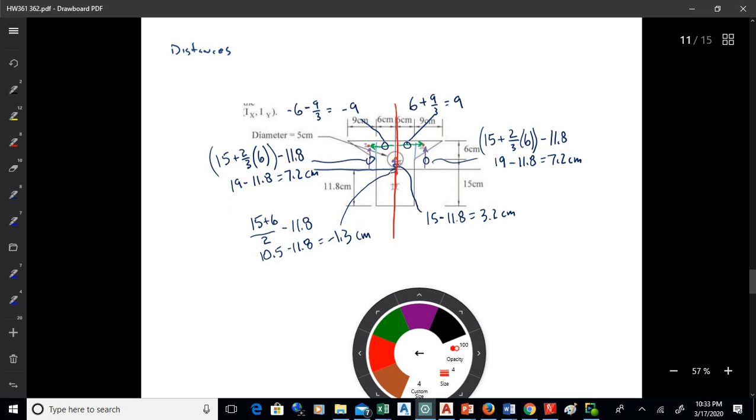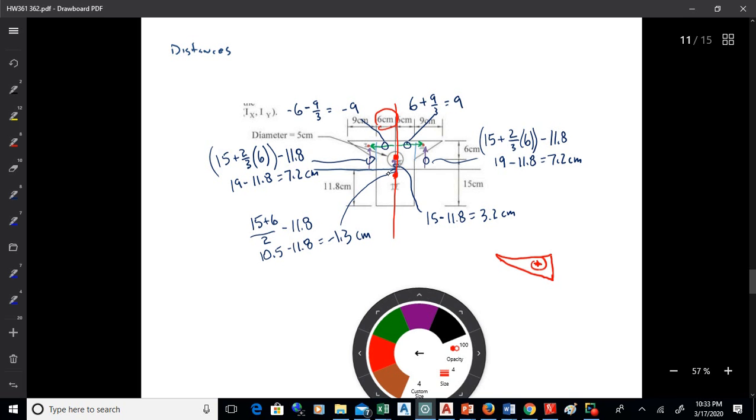Now let's find the offset distances from the y-axis first. The circle and the large rectangle have their centroids right on the y-axis, so there is no offset there. It's a zero offset, but the two triangles are offset from that y-axis. So to get to both of them, I go 6, and then for a right triangle, the centroid is at the third point from the right angle, so that would be right about there.